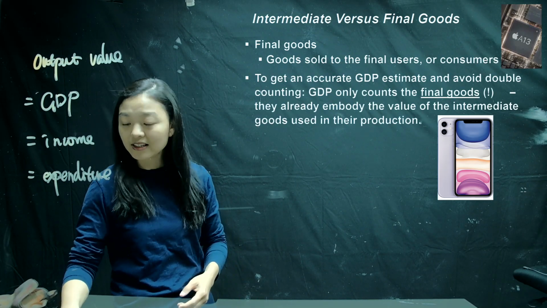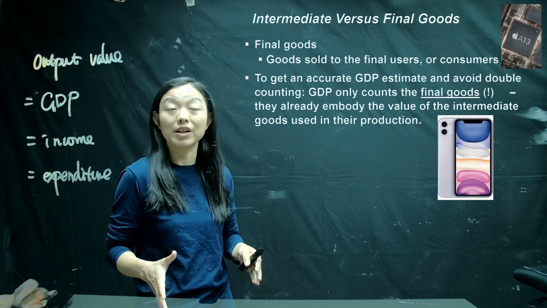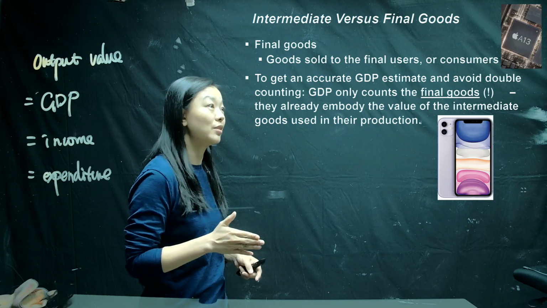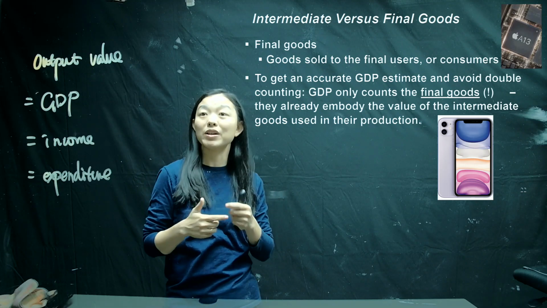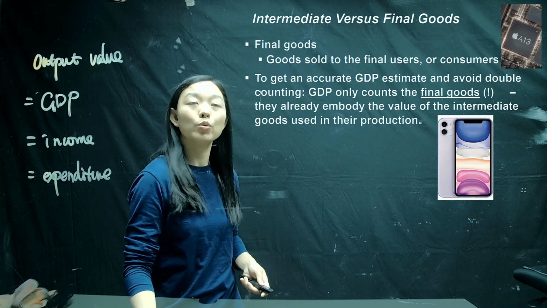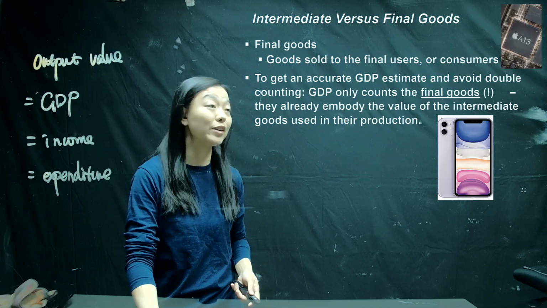So to get an accurate GDP estimate and avoid double counting, GDP only counts final goods and services because they already include the value of the intermediate goods used in production. So we will not count intermediate goods prices if we already have the price for final goods.